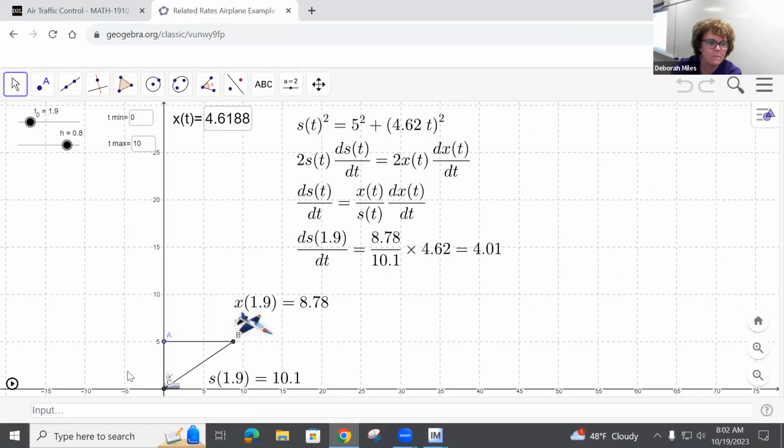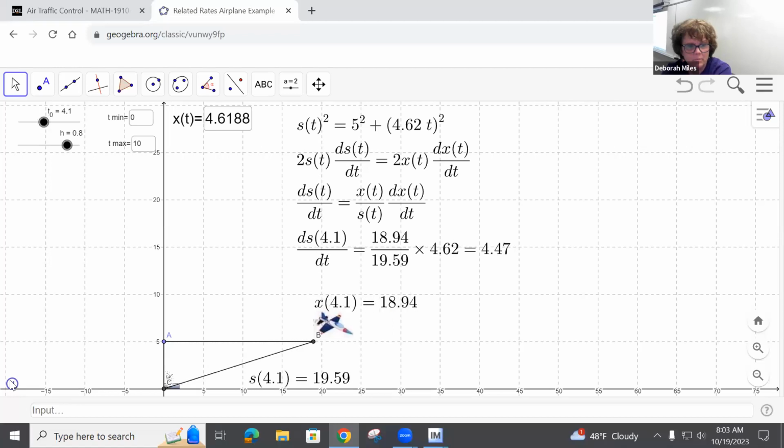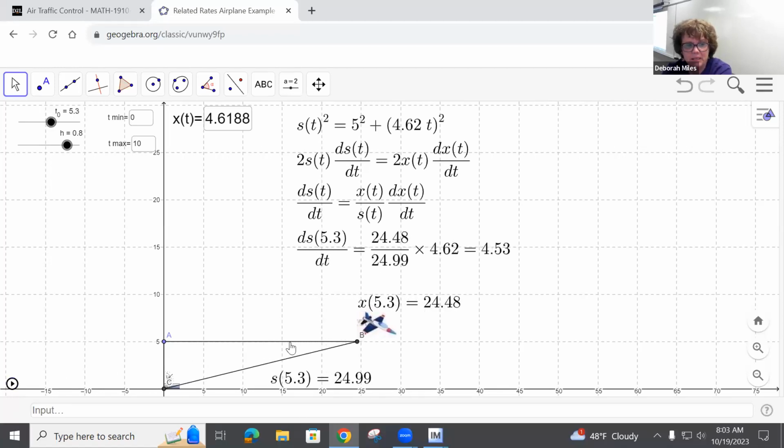All right. You see down here is my antenna. Here's my plane. And watch what happens to the length of this hypotenuse. That's what we call D, as the plane continues to fly at an altitude of 5 miles. Obviously, as the plane's distance from its original point increases, its distance from the antenna also increases.